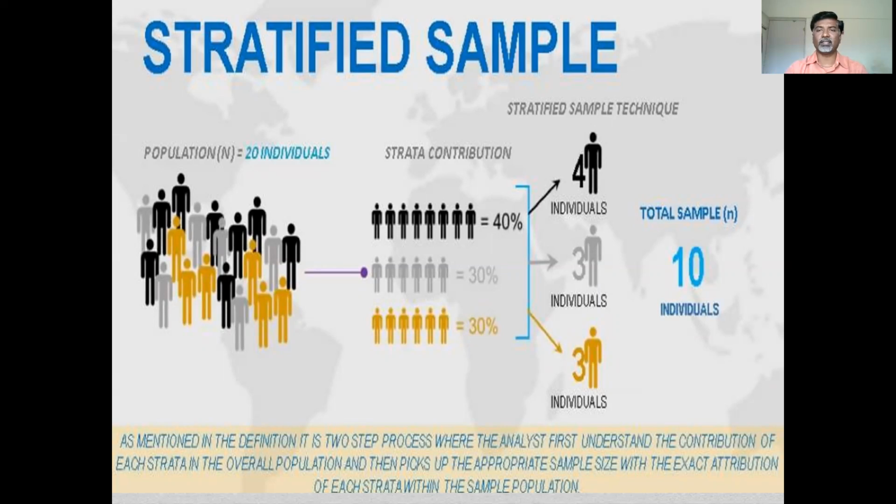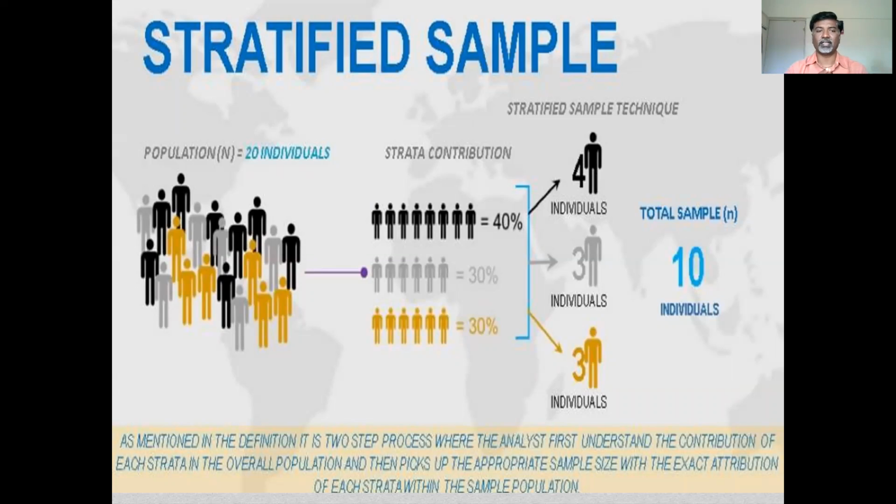To select 10 respondents, we have to use the proportionate sampling method here. Out of 20, if there are 8 members from black color, then out of 100 that is 40%, 30%, and 30%. On the basis of this proportionate sampling method, out of 8 we select 4 individuals, then 3 individuals, and 3 individuals from yellow color.